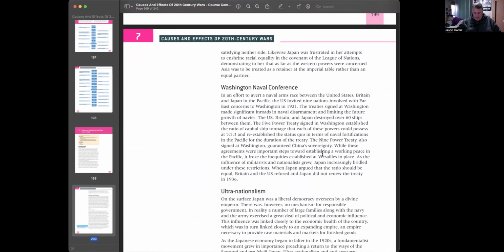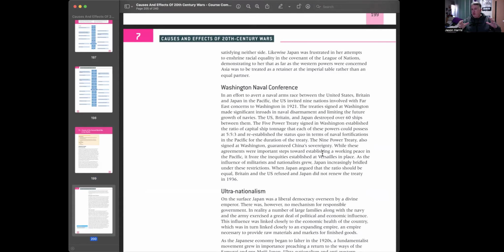Likewise, Japan was frustrated in her attempts to enshrine racial equality in the covenant of the League of Nations. So, first of all, we have to remember what covenant of League of Nations means. That is the document that sets out the rules for the League of Nations.